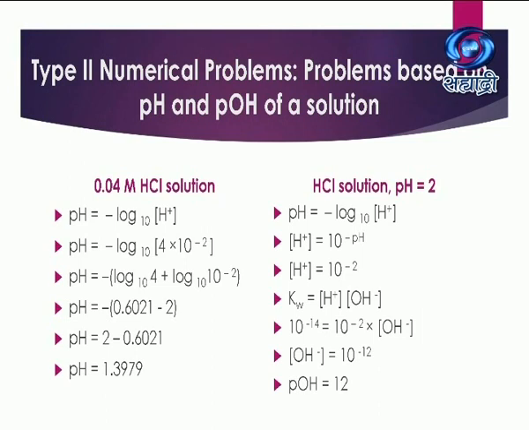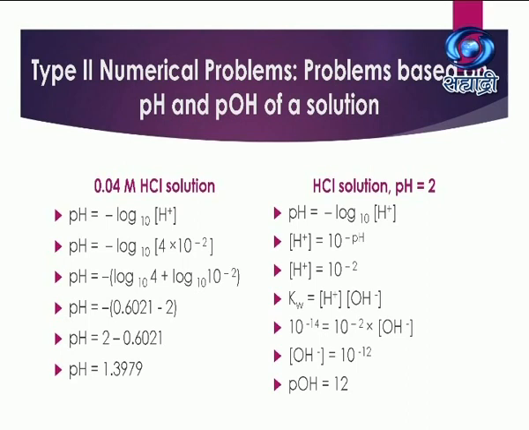Log of a raised to x, according to the rules of logarithms, is x log a. But what is a? A is 10. Log 10 to the base 10 is always 1, so that x is minus 2. Now apply the negative sign, and pH comes out to be 2 minus 0.6021, so pH is 1.3979.